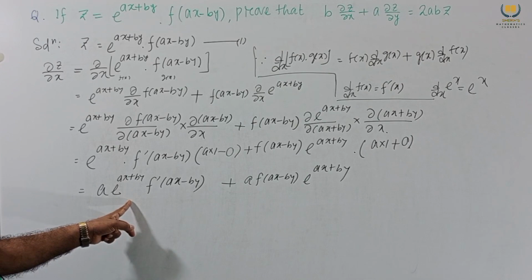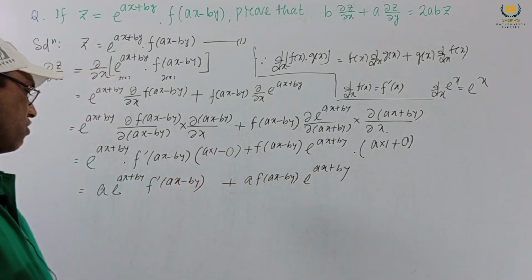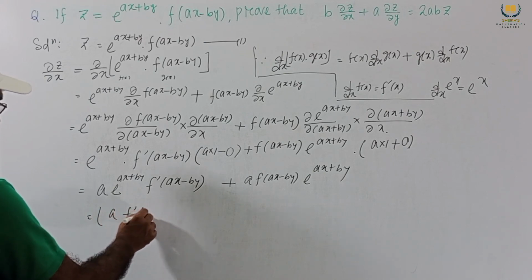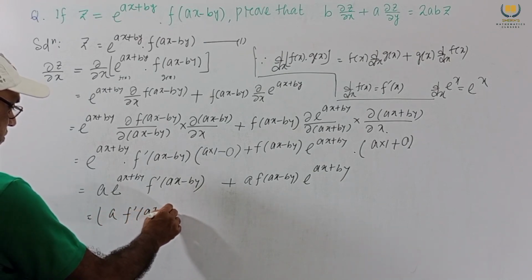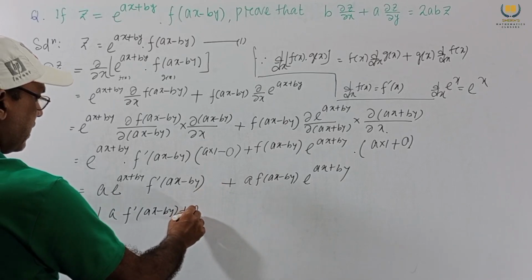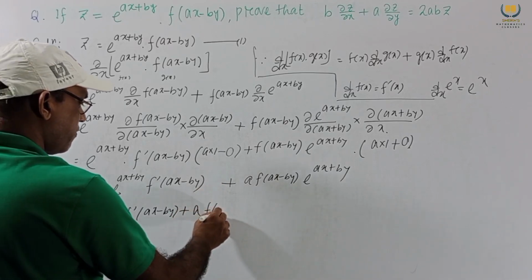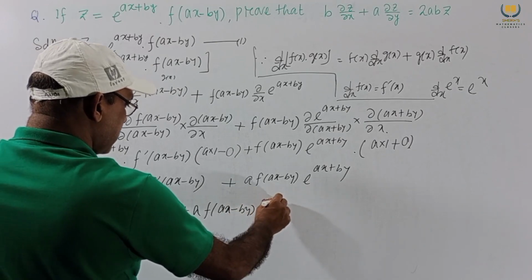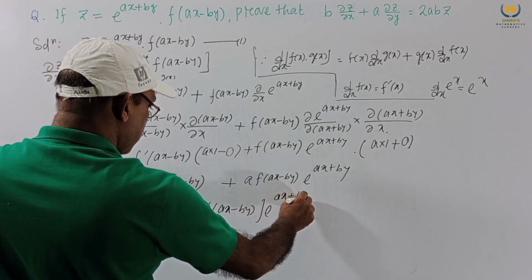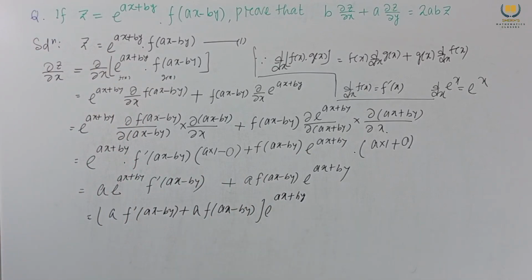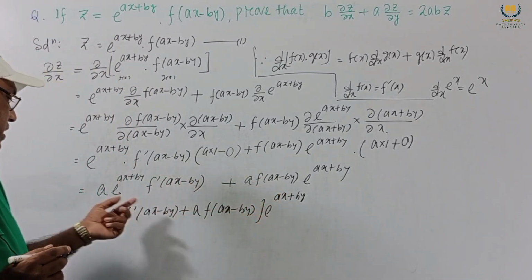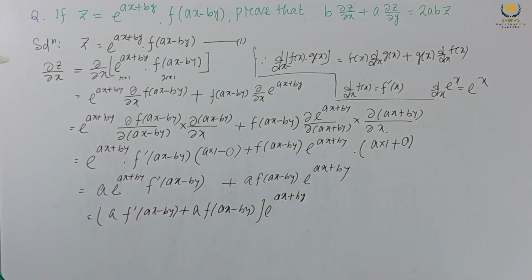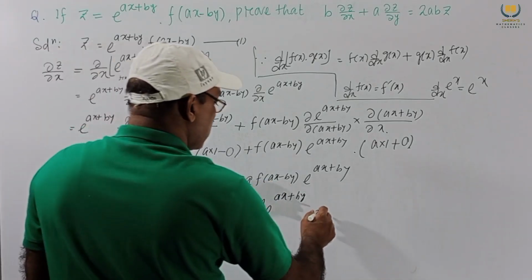And e to the power ax plus by is common. Then we get a f dash of ax minus by plus a f of ax minus by, with e to the power ax plus by taken common, we get a into this, a into this, we get this one. This is number 1 we consider.